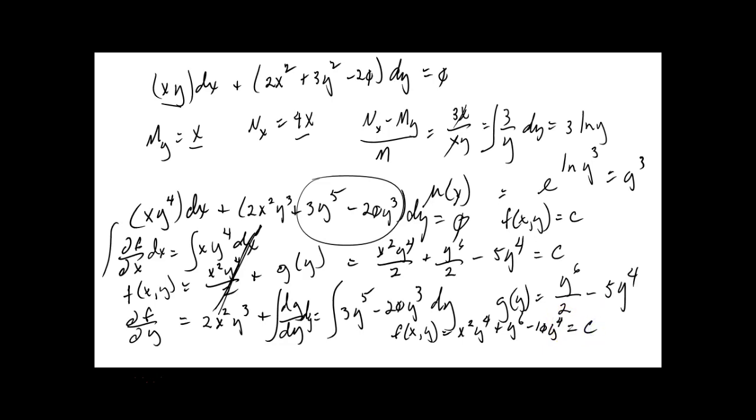So that's the solution that I suggest we have. And let's see what they did. They left the 1/2 in there, which is fine: 1/2 x squared y to the 4th plus 1/2 y to the 6th minus 5y to the 4th is equal to c. That's perfectly fine. That's the family of solutions. That was not an initial value problem, so we don't have to fiddle with it.